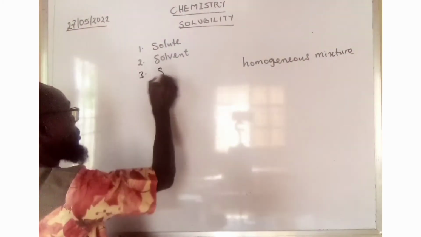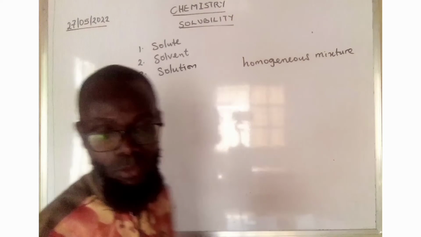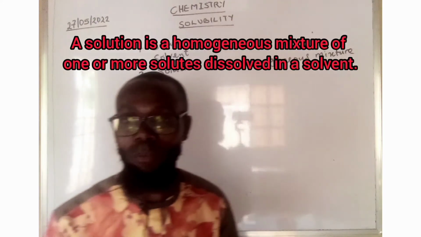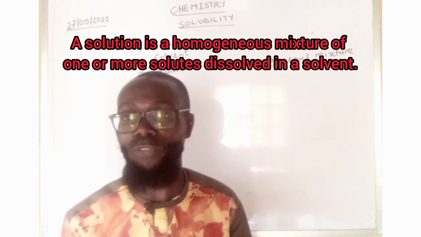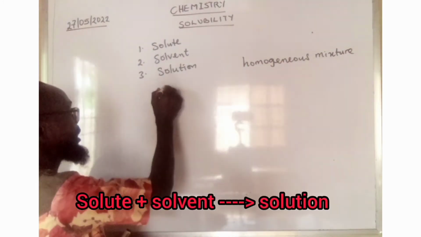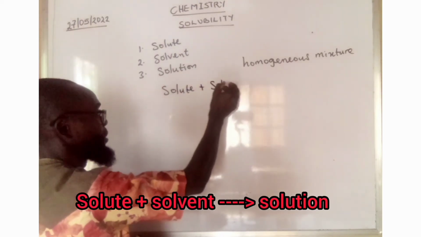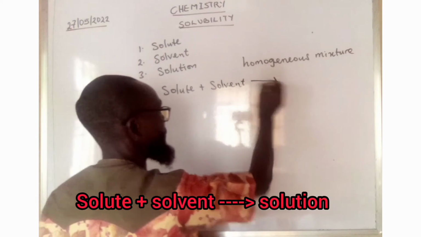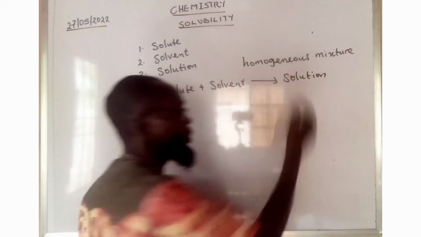The third one we discussed is solution. A solution is a homogeneous mixture of one or more solutes dissolved in a solvent. So when we have solutes plus solvents, it gives us a solution.